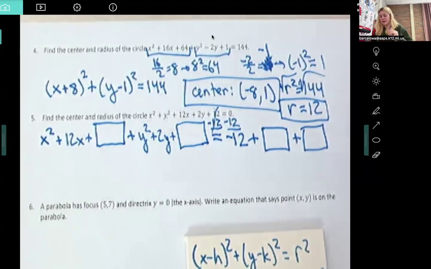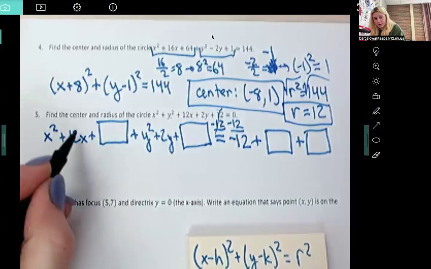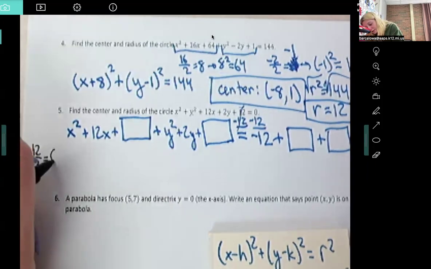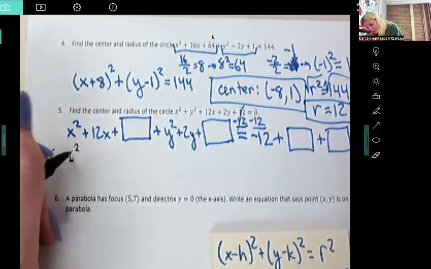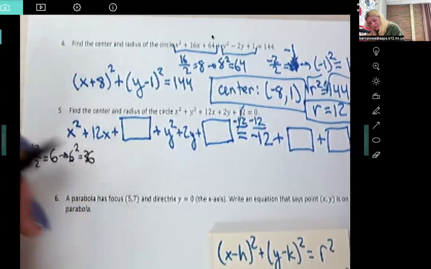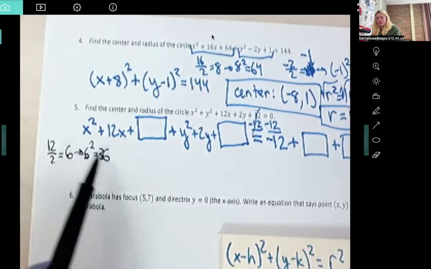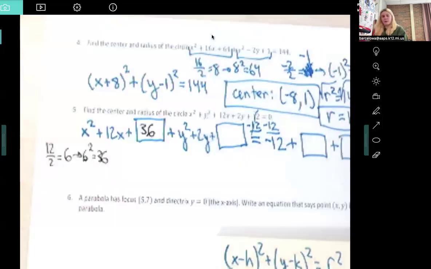Okay, to find what goes in those 2 spots, we're looking at this number. So 12 divided by 2 is 6. And then 6 squared is 36. So don't ignore this number, it'll come back later, but 36 is what's going in that square.